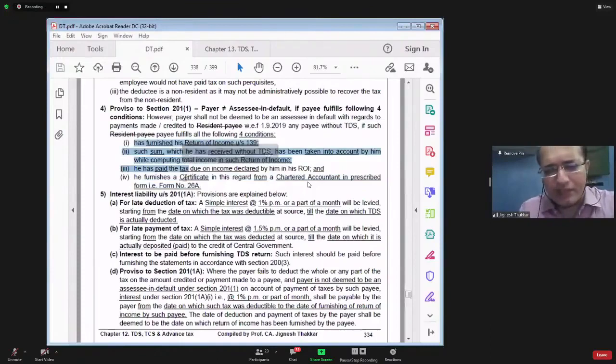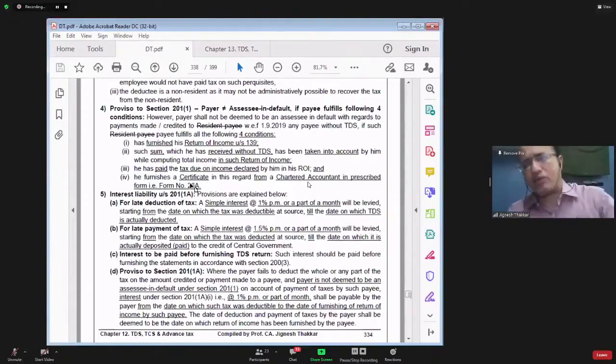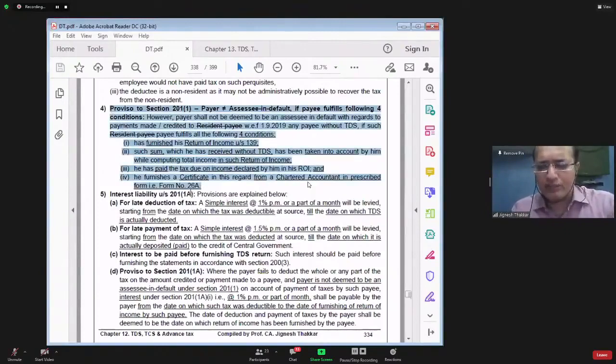The CA will give this certificate to the payer, and the payer has to submit the copy to the department. In that case, the department will not consider the payer as assessee in default. What is the advantage of the payer not being considered as assessee in default? Penalty cannot be levied. So the payer will escape the penalty.